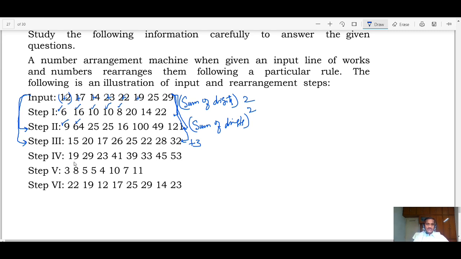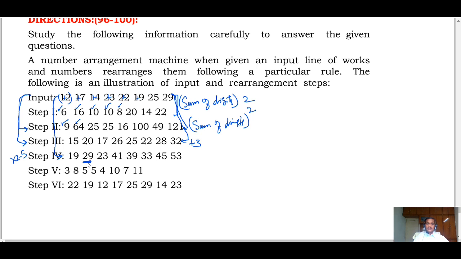Then step 4. How do you get step 4 from the input? 19, 29, 23. Now 12 and 19. 12 into 2, 24, minus 5 is 19. 17 into 2, 34, minus 5, 29. Maybe most of you got left here itself, isn't it?